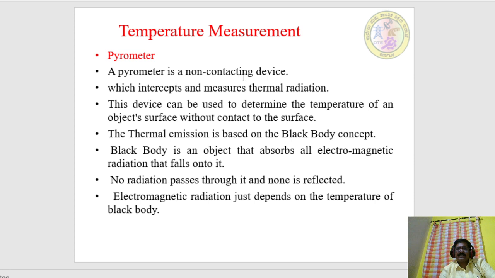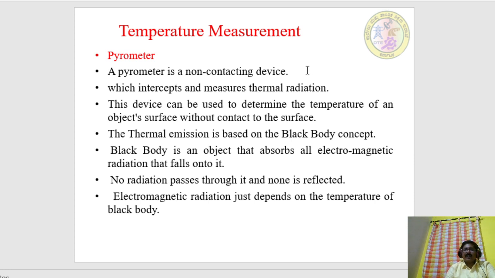A pyrometer is a non-contacting device which intercepts and measures thermal radiation, and this is a device which can be used to determine the temperature of an object's surface without contacting the surface. The thermal emission is based on the black body concept.